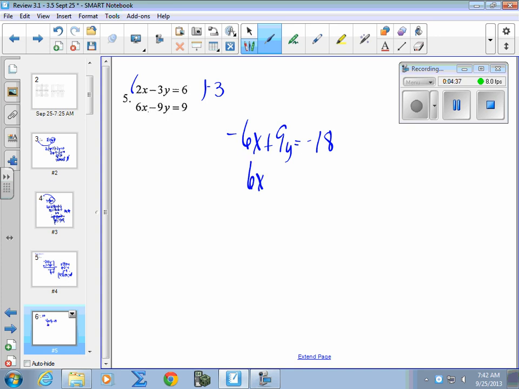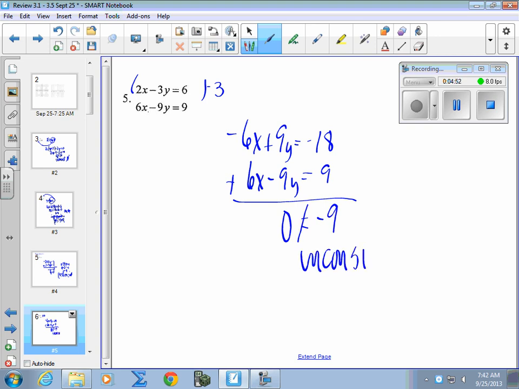And we have 6x minus 9y is equal to 9. When we add these two equations together, you see where we eliminate both x and y, so we come up with 0 is equal to negative 9, which is not true. So we know that they are parallel, inconsistent, and the empty set, or no solution. Everybody okay with number 5?